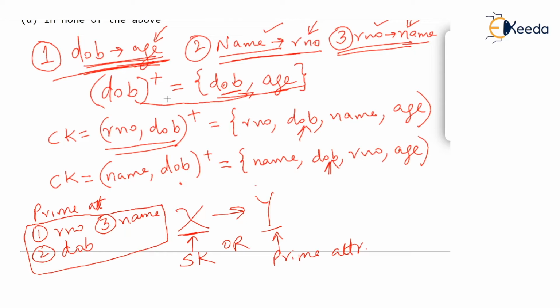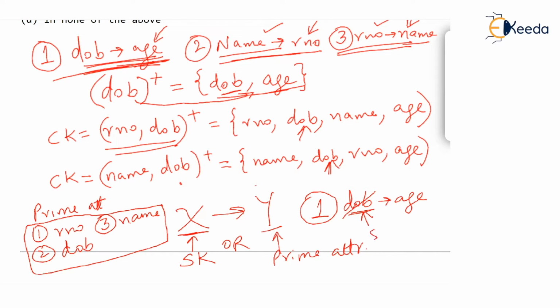Now let us see the first FD, functional dependency. Date of birth determines age. Just check this. Left hand side has to be a super key, but it is not a super key, isn't it? Because super key will be either roll number comma date of birth or name comma date of birth. That is candidate key or something more added to it.